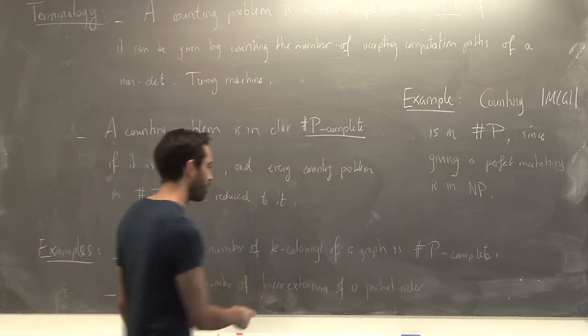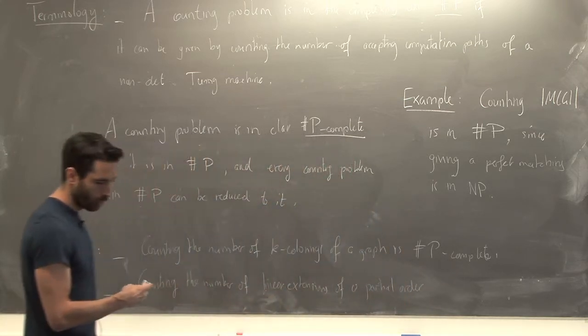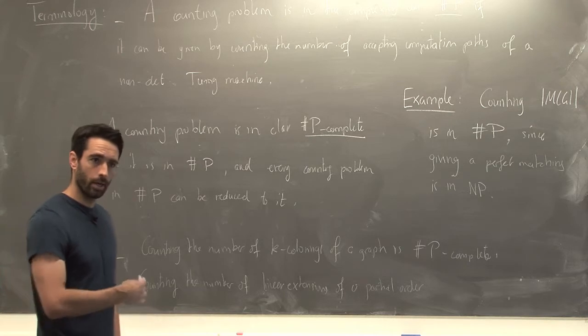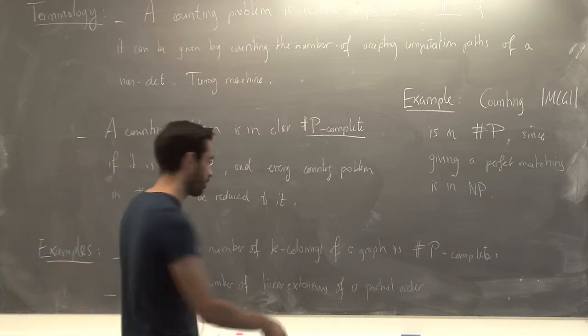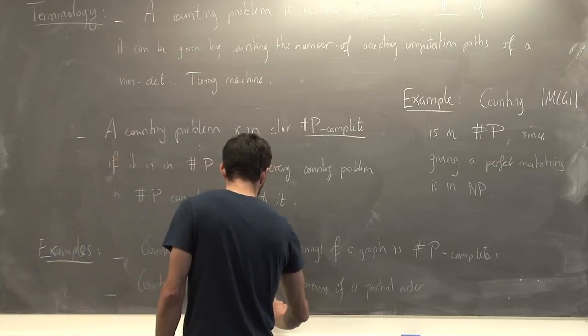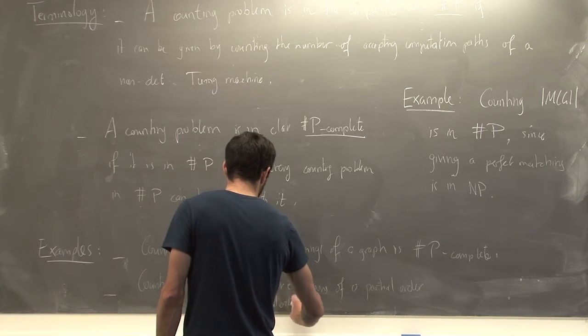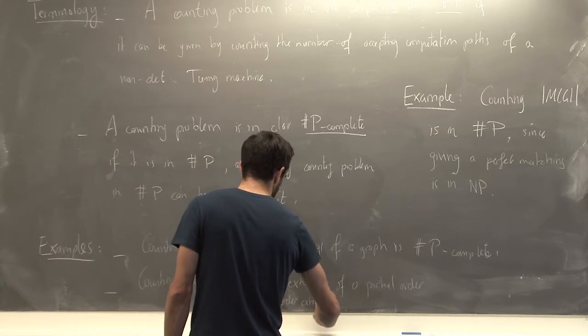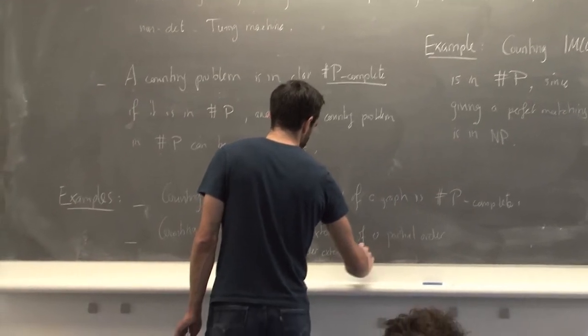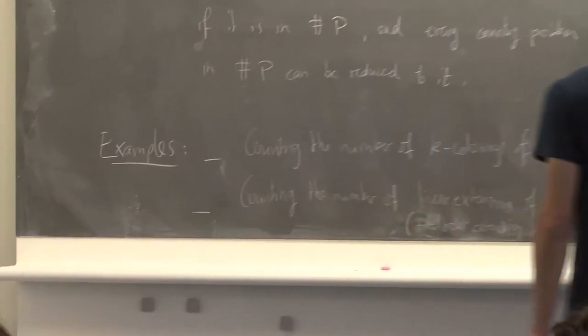So linear extension of a partial order, it means the way you can extend a partial order by a total order. So it means a total order extending it is sharp P complete.